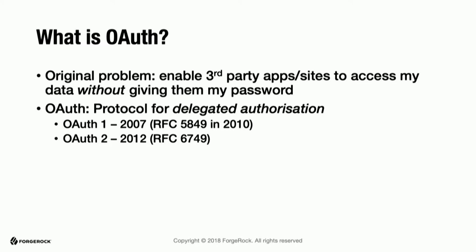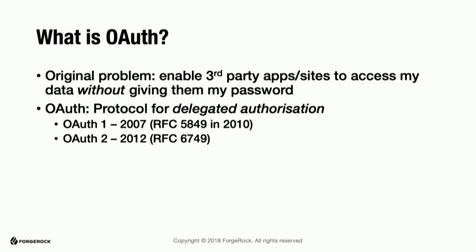So OAuth was a protocol originally designed for delegated authorization. I'm already authorized to access my stuff, and I want to give a little bit of that authority to some other app, so maybe it can view some of my photos on Facebook.